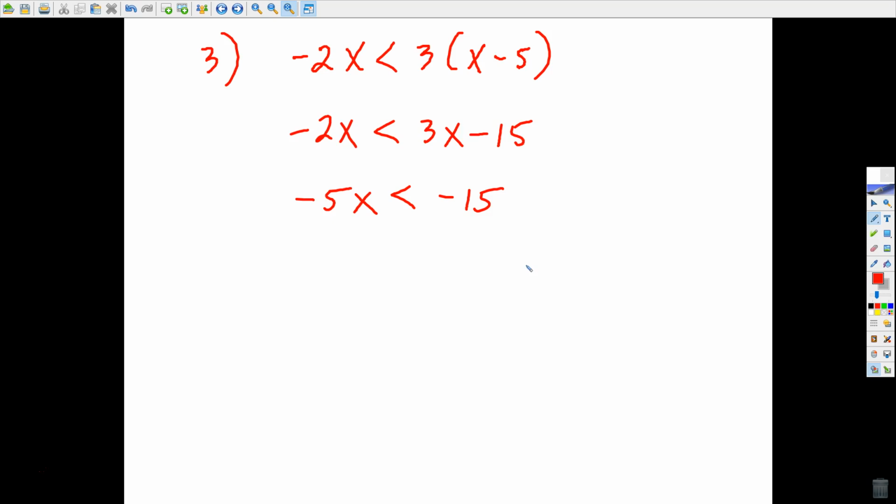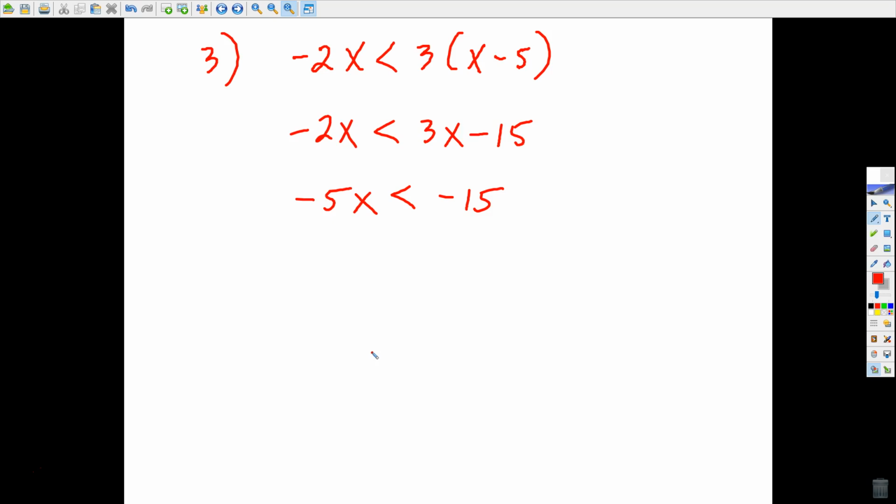Anybody want to take a stab at it? Yeah? Improper fractions? No, they're okay. I'll give you a hint. In order to solve for x, I'm going to have to divide by what? -5. That ring a bell?